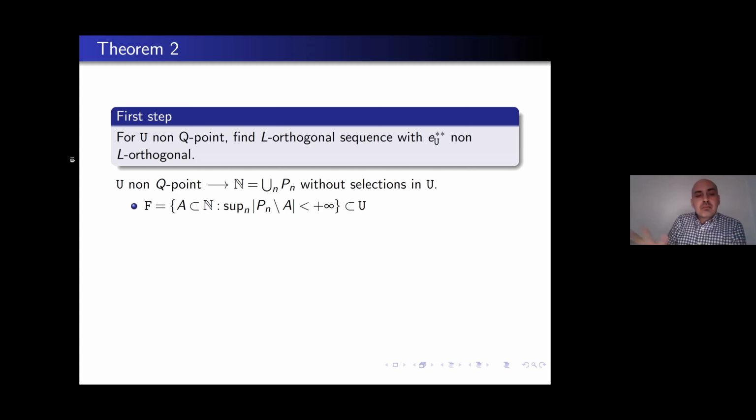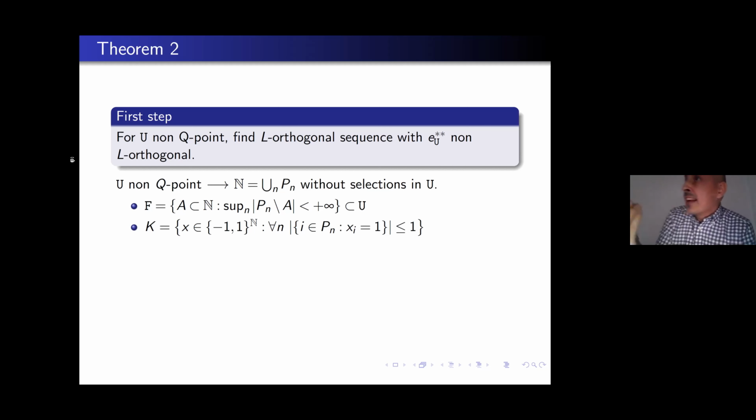So I just take this filter, which is now contained in U, and once I have an ultrafilter which is not a Q-point, instead of working with the ultrafilter, I will work with this smaller filter that already captures the essence of the fact that U is non-Q-point.